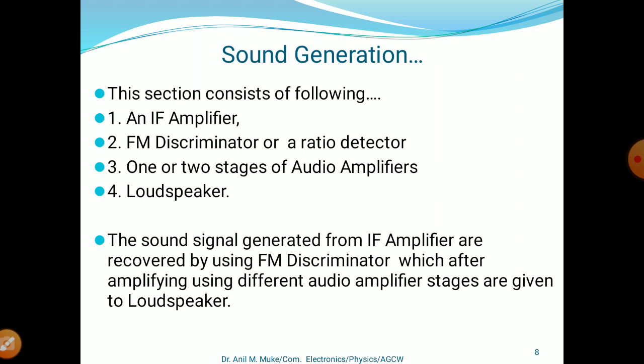The sound signal from the intermediate frequency amplifier is recovered by the FM discriminator, which after amplification by the different audio amplifier stages is given to the loudspeaker, so that along with the picture signal, the visual effect we see on the screen of the television, we are also listening to the sound, which is always in step with each other.